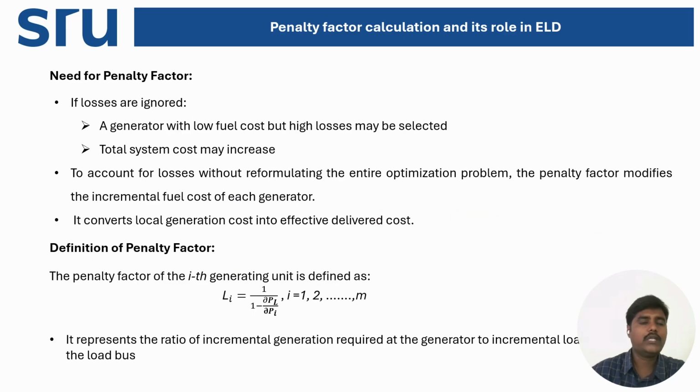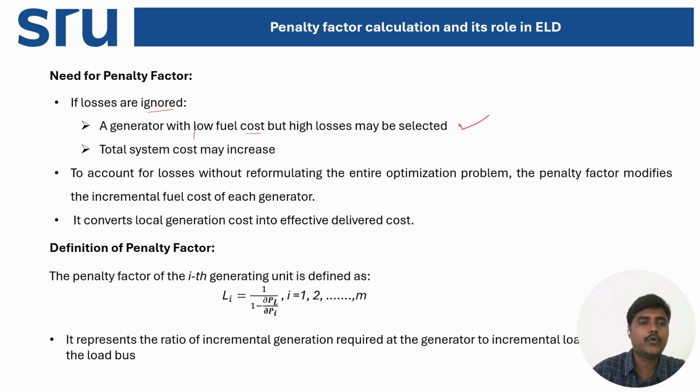Now let's see what is the need for considering this penalty factor. Suppose if losses are neglected, then a generator with low fuel cost but high losses may be selected. Whenever we neglect losses, we think only about the fuel cost.